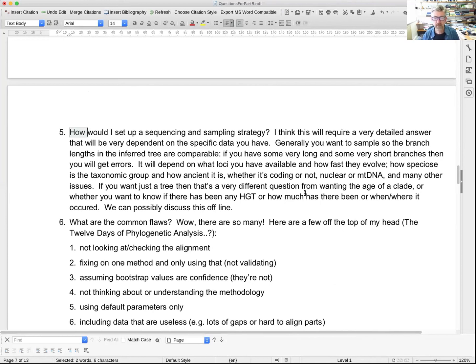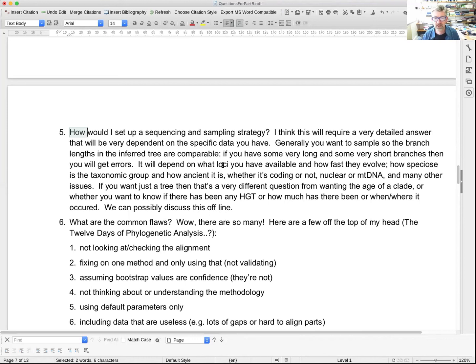You don't want it patchy. You want very, very good coverage, in the sense that for each sequence you're including, you want all of the loci to match up across, because you're after disagreement between the phylogenetic signal which is given to you from those loci. So HGTs are hard to estimate as it is, and they're much harder to estimate if you're missing data. So you really want good coverage.